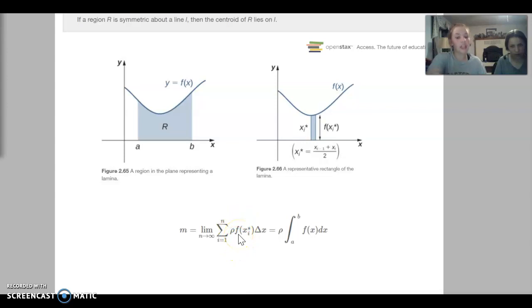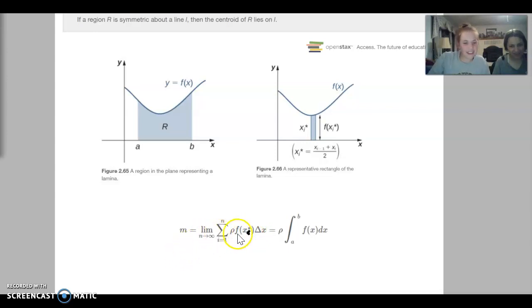But remember, i equals 1, so rho times i would just be 1. So you just get 1. That i doesn't even matter because it's just a 1.